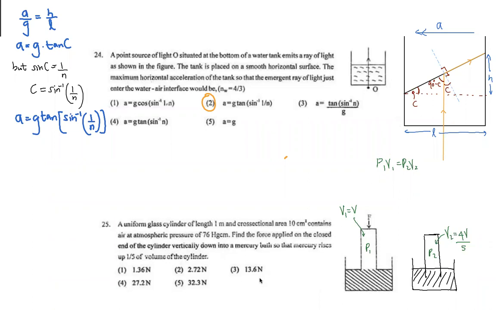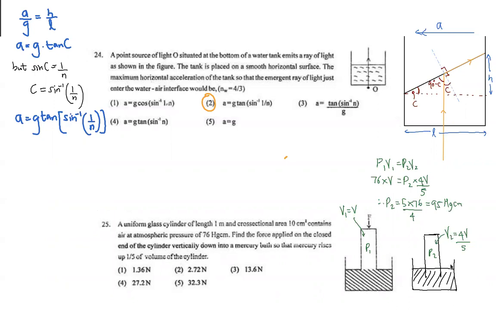Okay, because the answer is in newtons, I don't mind. We'll take 76 centimeter mercury times V1, which is V. P2 we don't know, times the new volume 4V by 5. So what is P2 now? P2 is equal to 5 into 76 over 4. We can divide 76 by 4 and it's 19. 19 into 5 is 95 centimeter mercury. That is the new pressure.